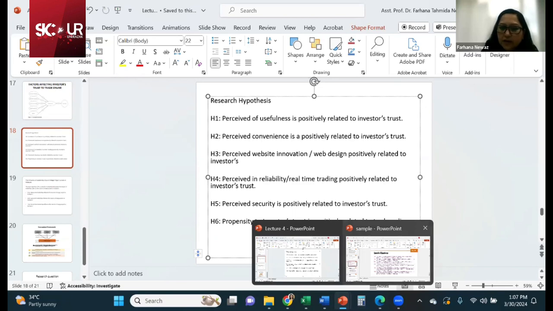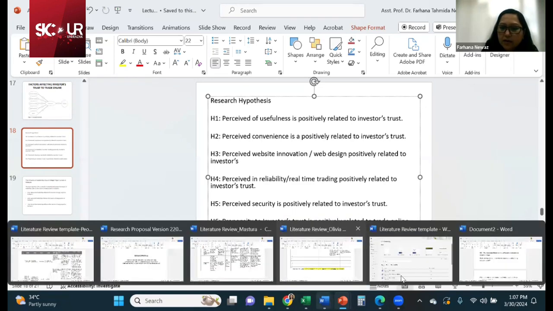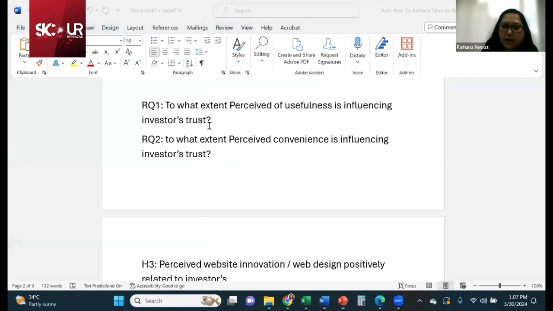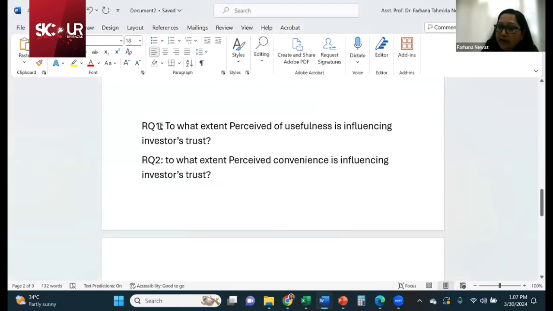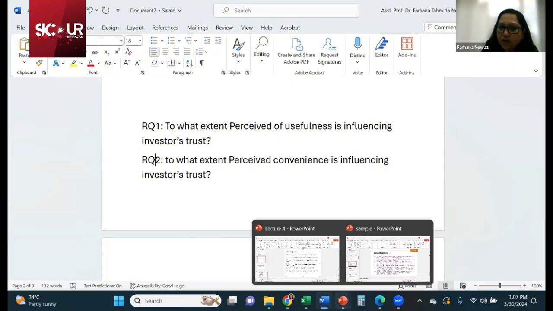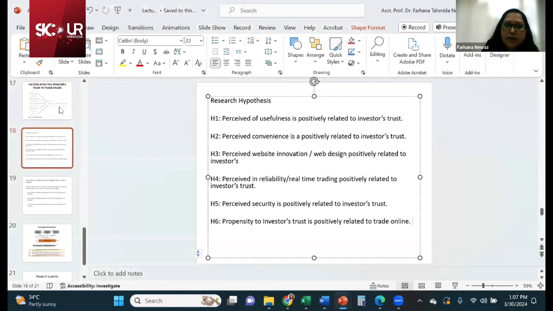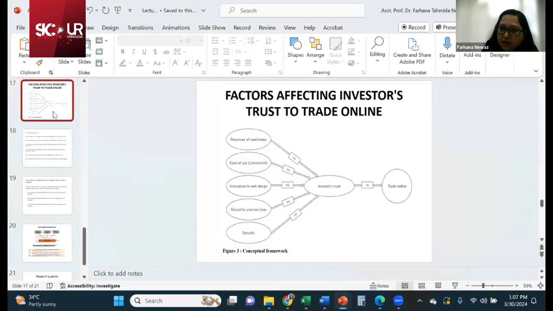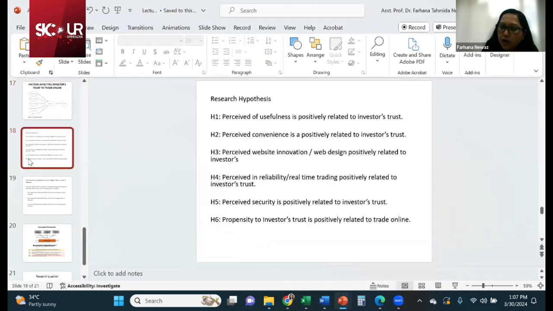Oh, sorry, where is the document? So you are already writing down research question 1. Later the examiner will be checking whether your research questions are aligned with your conceptual model and hypotheses or not. So you need to make sure your research questions, your conceptual model, and your hypotheses, these three things, are aligned with each other.